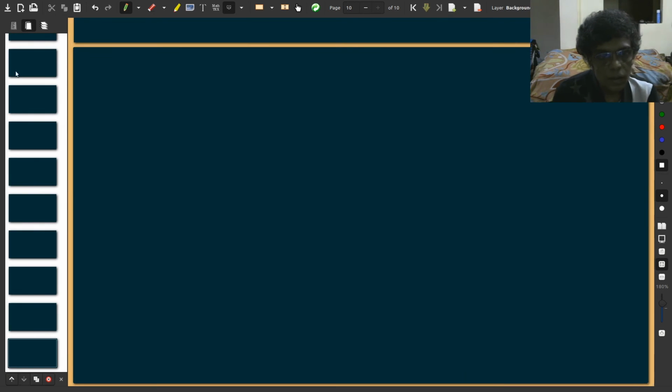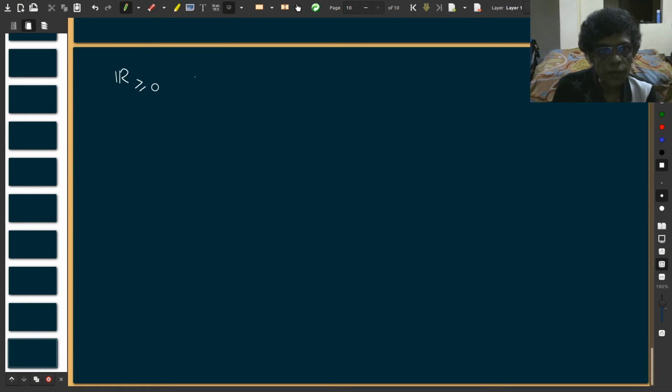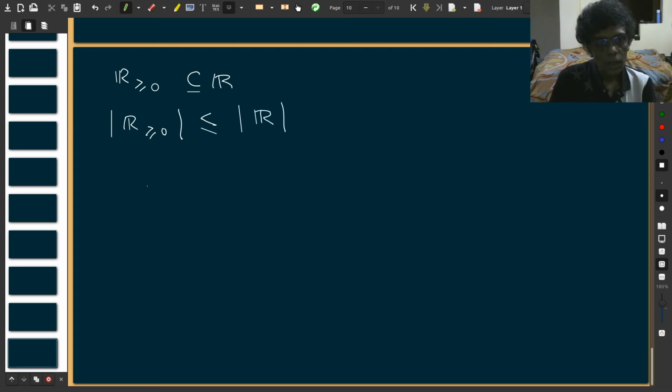Okay. So, first of all, R greater than or equal to 0 is anyway a subset of R, and therefore its size is less than or equal to the size of R. Now, if I can propose an injective map from R to R greater than or equal to 0, then the other inequality sign will also hold.